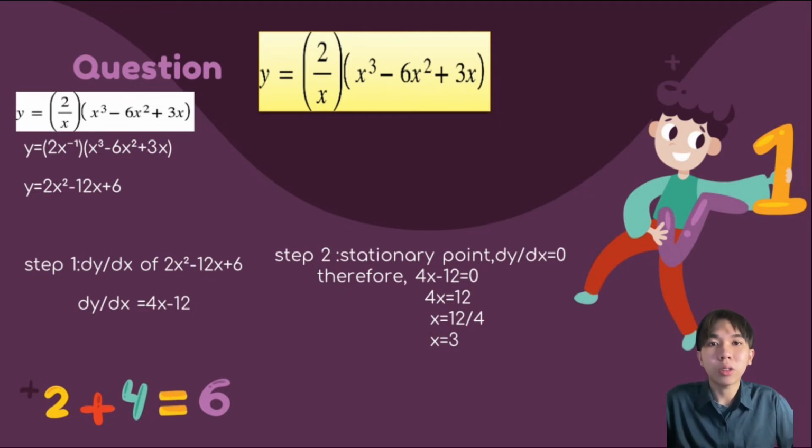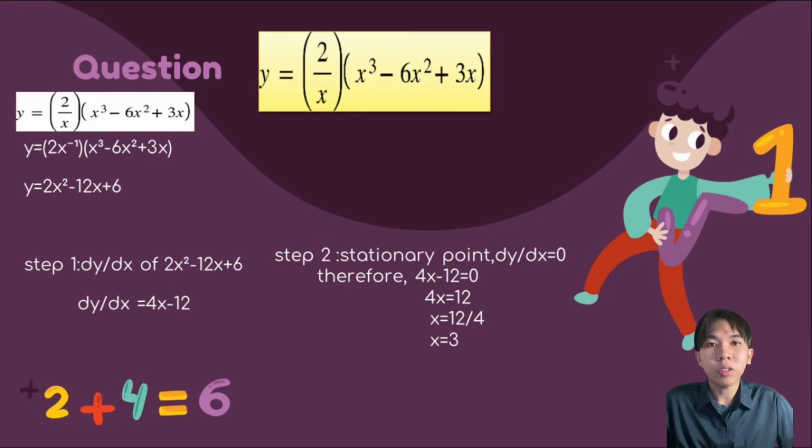So y equals 2x squared minus 12x plus 6. In step 1, we find the differentiation of 2x squared minus 12x plus 6. So our dy over dx is 4x minus 12.